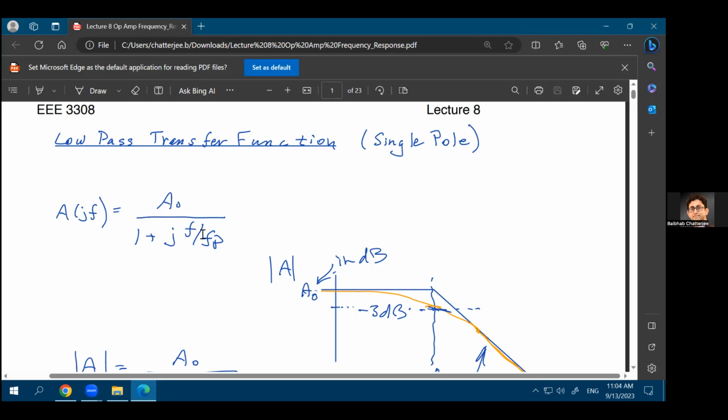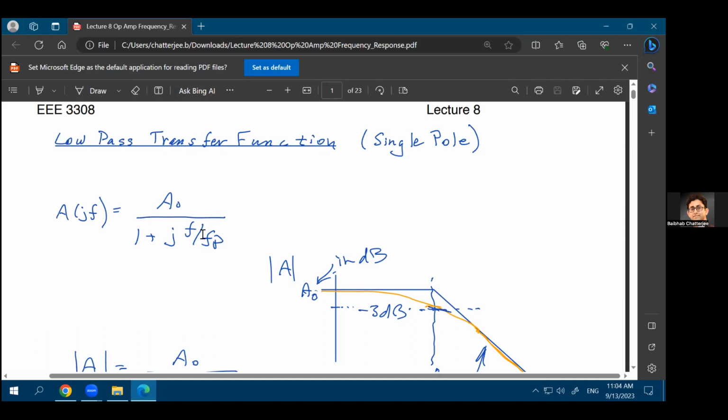It's because let's multiply this f with 2 pi, so you will get 2 pi f. Let's multiply this fp with 2 pi, so that you will get 2 pi times fp. So what is 2 pi f? 2 pi f is omega, the angular frequency. Again, going back to high school, angular frequency is 2 times pi times f. So this is A naught divided by 1 plus j omega.